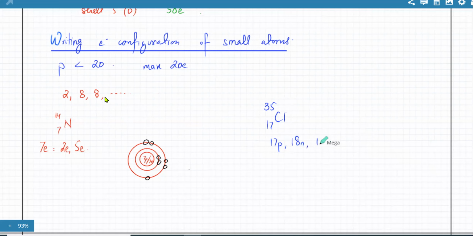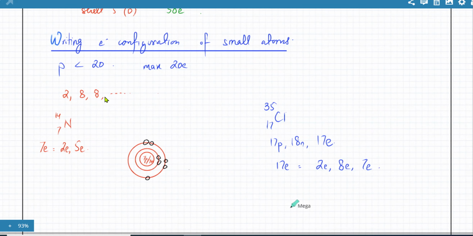And the number of electrons is 17. So the number of protons and electrons are exactly the same. So how do you write 17 electrons? The first shell is going to have 2 electrons, then 8 electrons, and then 7 electrons, and then you're going to run out of electrons. So just think of 288, just try and fill 288.